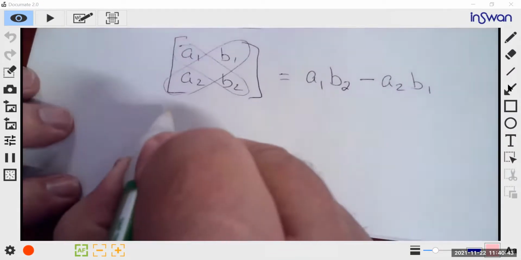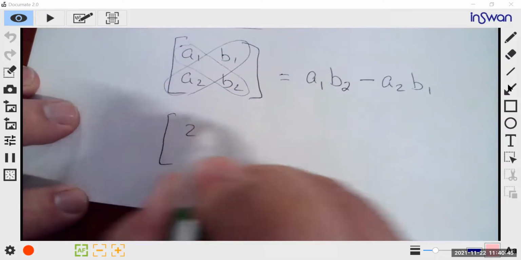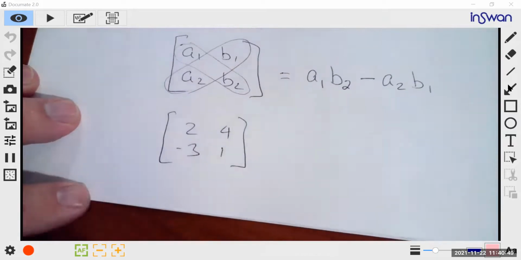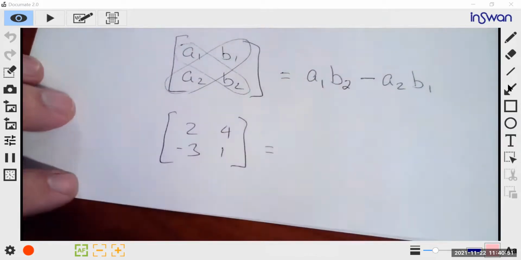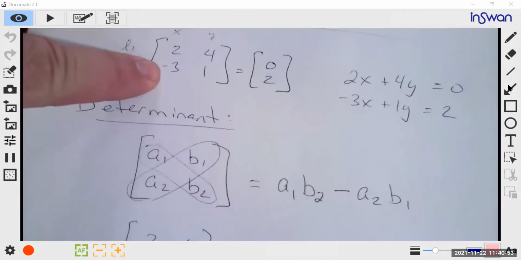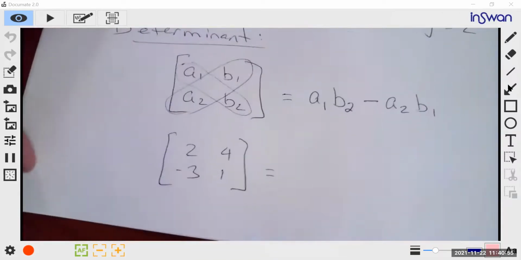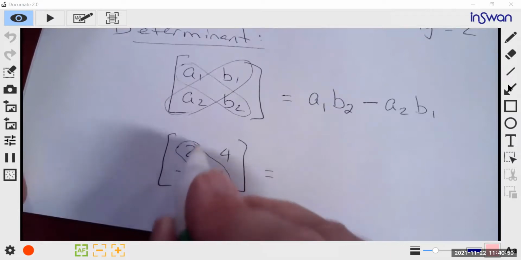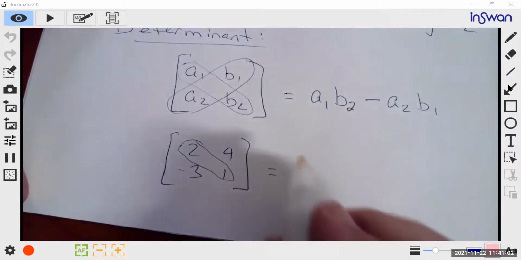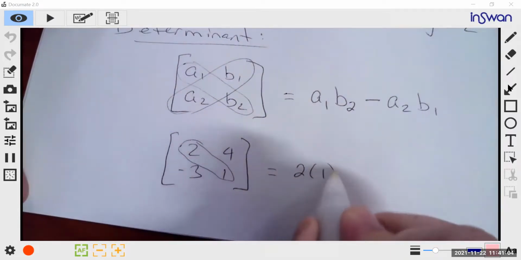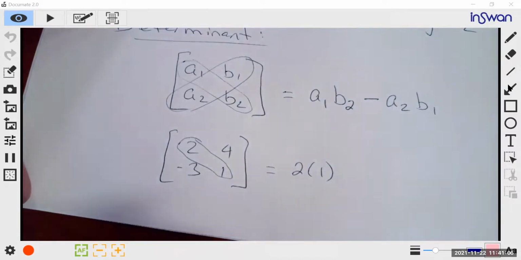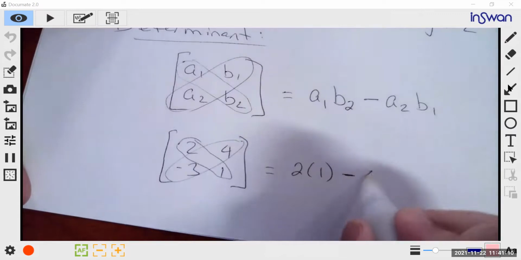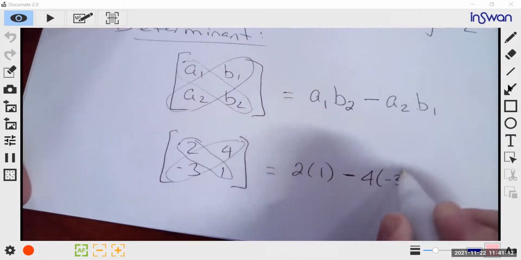So let's look at what we just did. 2, 4, negative 3, 1. Remember, this is the original matrix. So it's this diagonal, which is 2 times 1, minus the other diagonal, 4 times negative 3.